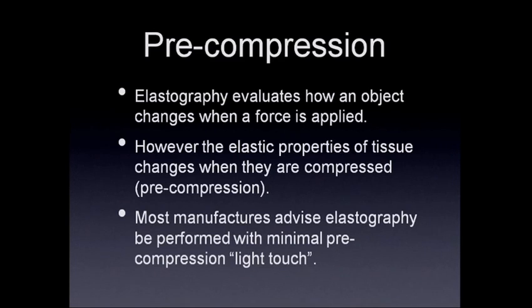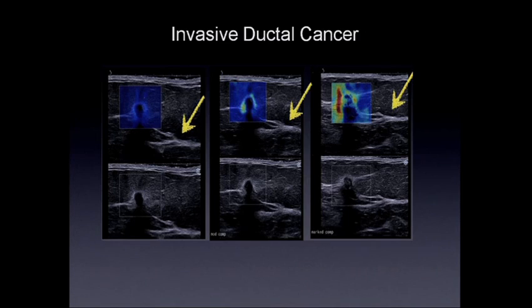What we have found was that by applying a significant amount of pre-compression, and women at this point say this is less compression than on a mammogram, you can actually make fat have the same elasticity properties as a breast cancer. So you really need to be doing these exams with a minimal touch. Here's an example of what happens.